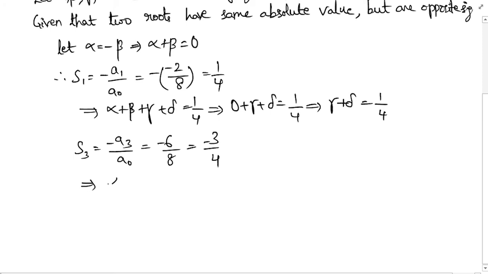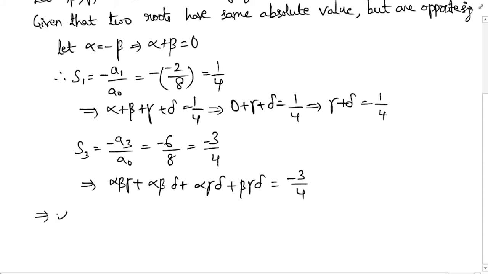So that implies alpha beta gamma plus alpha beta delta plus alpha gamma delta plus beta gamma delta is equal to minus 3 by 4. So this we can write as alpha beta into gamma plus delta, plus gamma delta into alpha plus beta. So this is equal to minus 3 by 4.